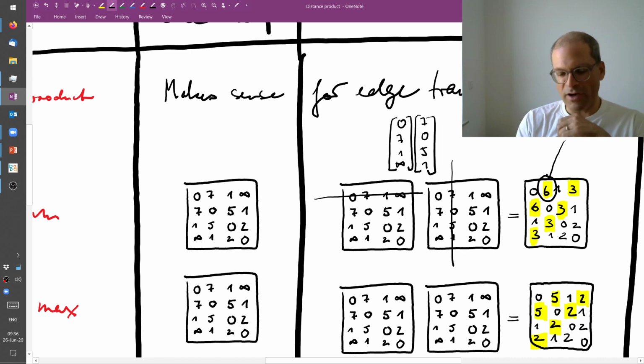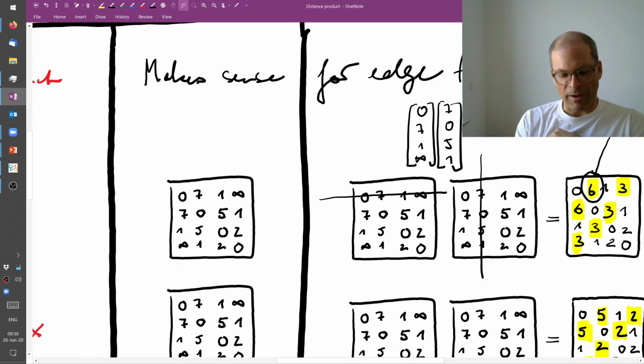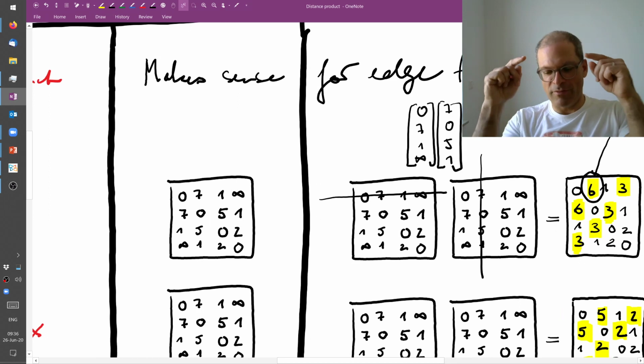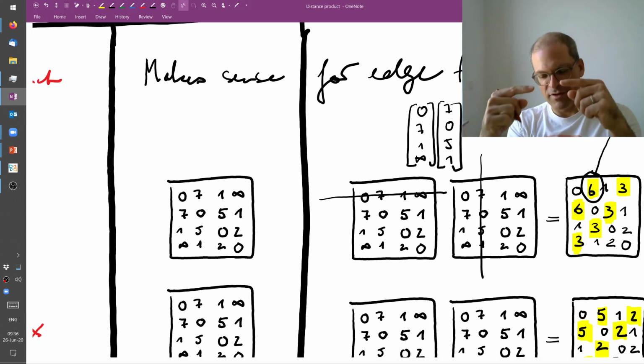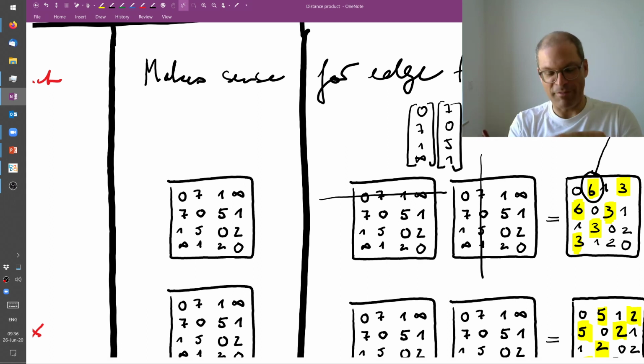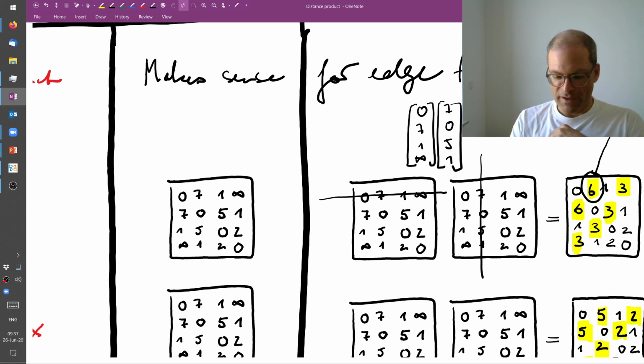Now, in an ordinary sum product sense, what I would do is multiply the 0 with the 7, the 7 with the 0, the 1 with the 5, and the infinity, which I now pretend is just a normal number, with the 1. And then I would sum all of these numbers up, and that would be the value of my inner product.